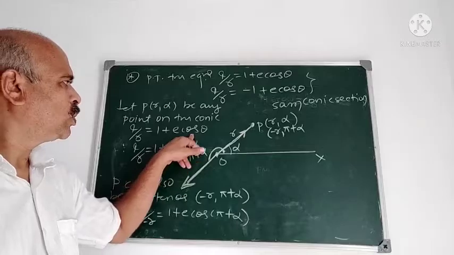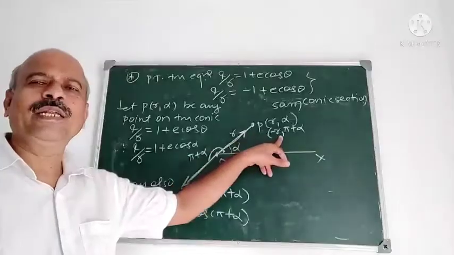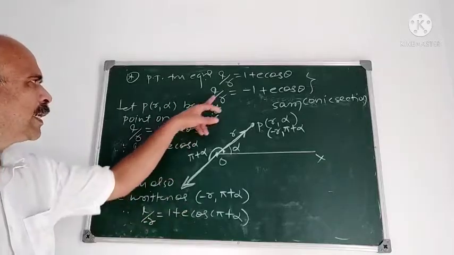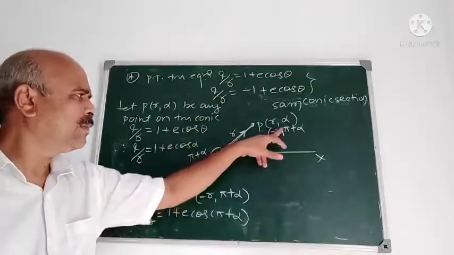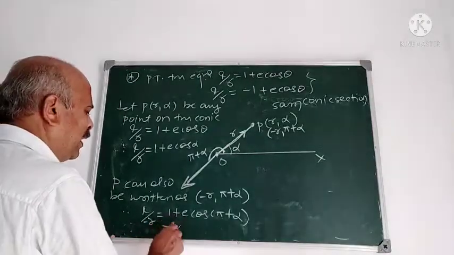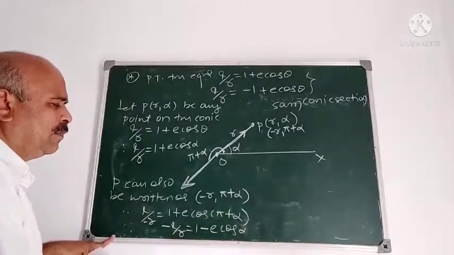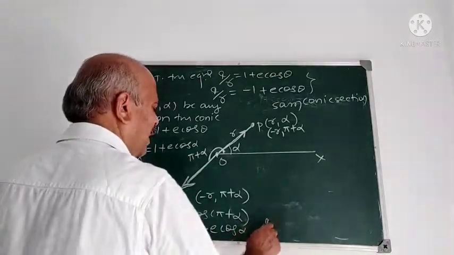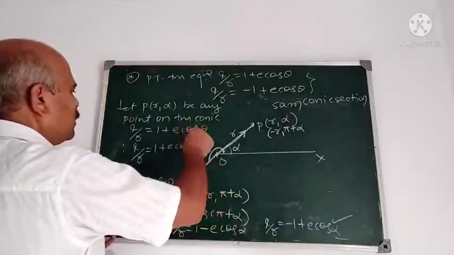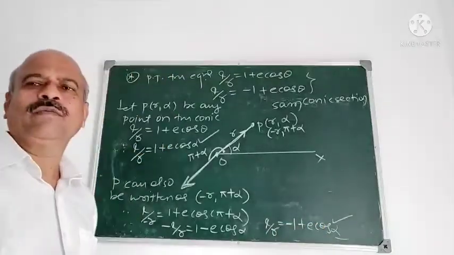So (r, alpha) satisfies this equation. But the same point can be written as (minus r, pi plus alpha). Therefore, this (minus r, pi plus alpha) also satisfies that equation. Then what happens? Minus l by r is 1 minus e cos alpha. What is cos (pi plus alpha)? Minus cos alpha. Or l by r is minus 1 plus e cos alpha. So l by r is 1 plus e cos alpha, and l by r is minus 1 plus e cos alpha.